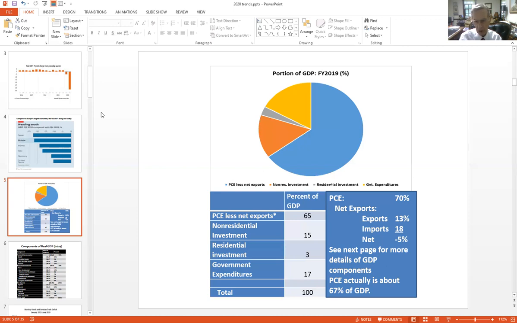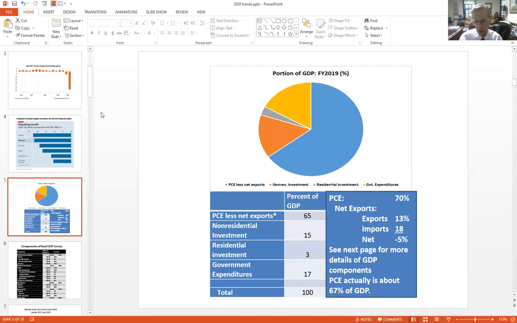The government does that, but in this diagram, I've taken some liberty by just subtracting the 5% net exports, or negative imports, negative exports, from the personal consumption expenditures. But you get the idea.